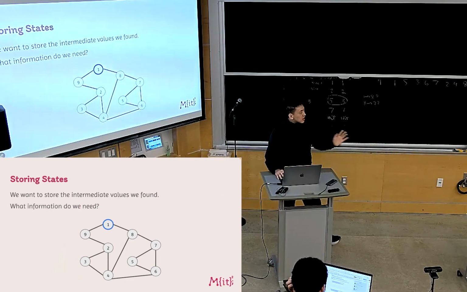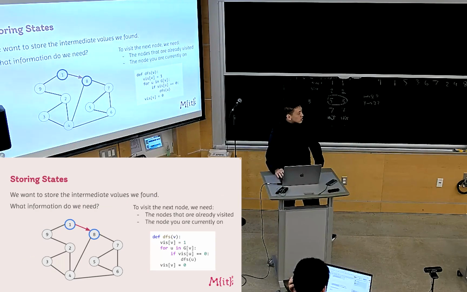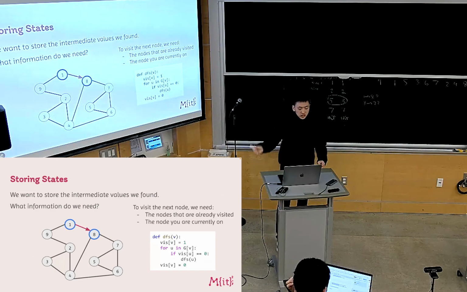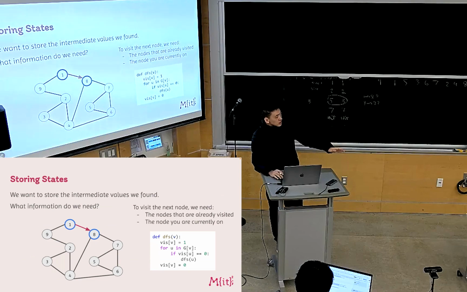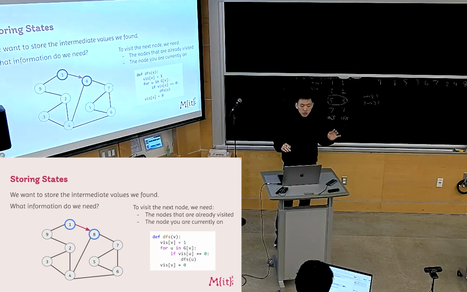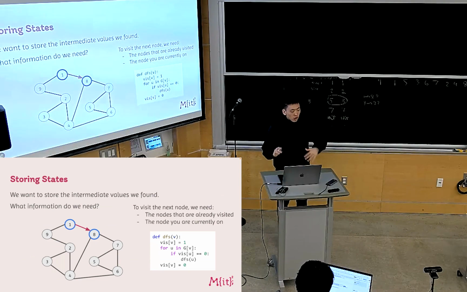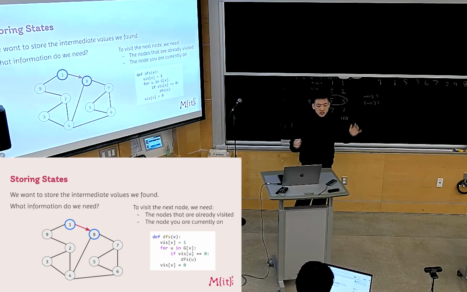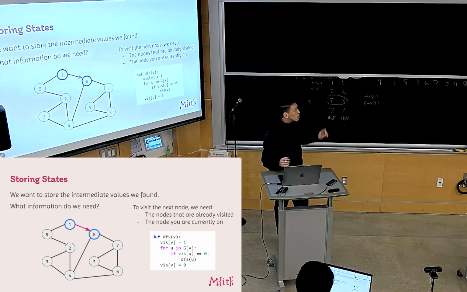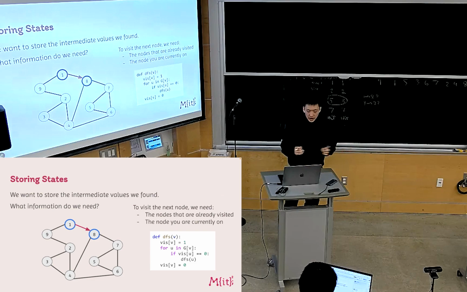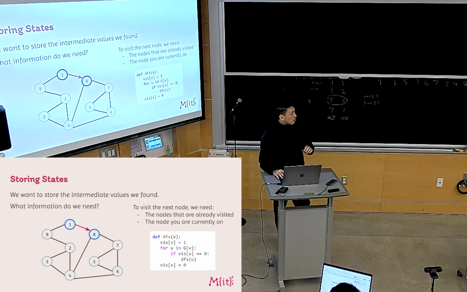And we extend our path to node 8. So to visit the next node, for example, to visit node 8, we can just iterate through all the edges of 1 and choose any one of those nodes that isn't already visited. So we need a visit array, and we also need the node that we are currently on.